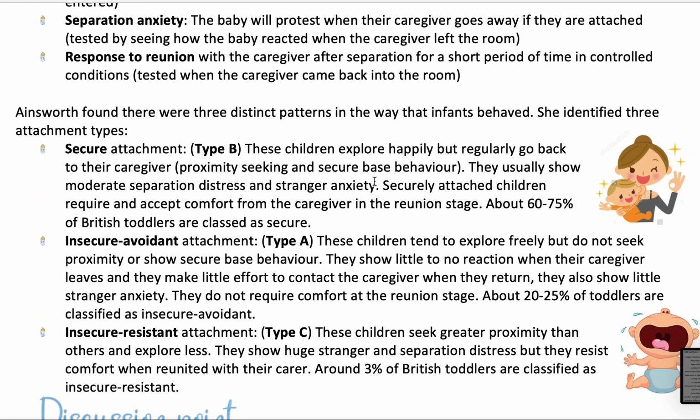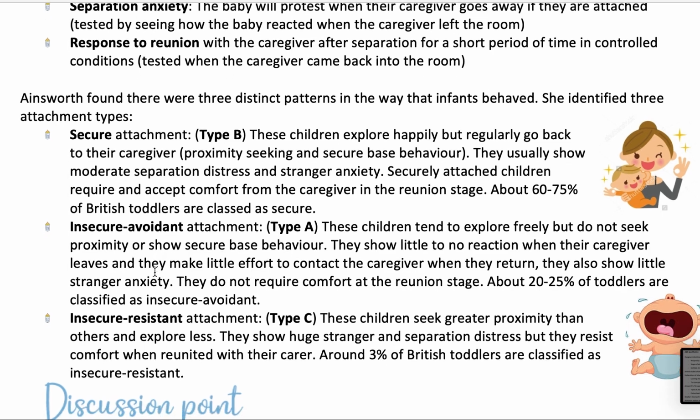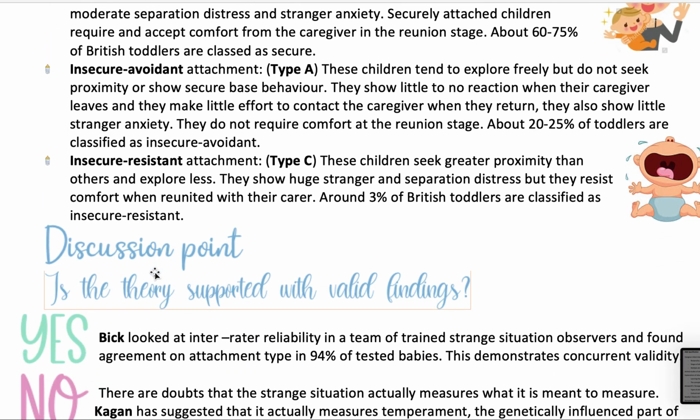Type B, secure, most common type, and they were moderate in response to everything. Insecure avoidant, so about 20 to 25% of toddlers were classified as this reaction type. Oh, sorry, actually, they showed high levels of exploring, but then low levels of proximity, stranger anxiety, separation anxiety, and didn't require comfort upon reunion.